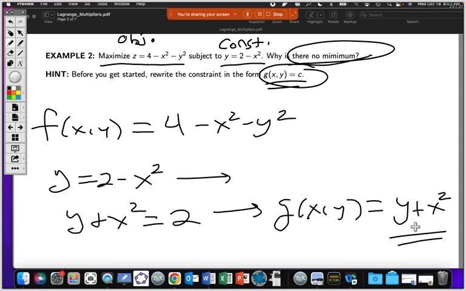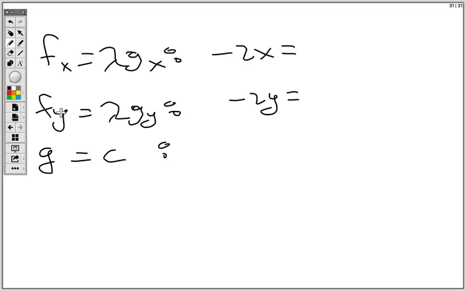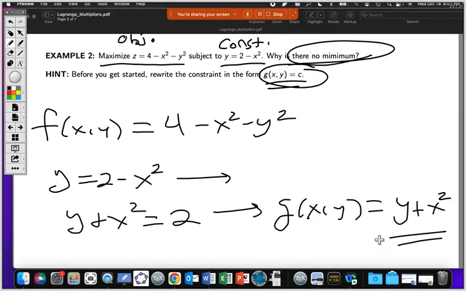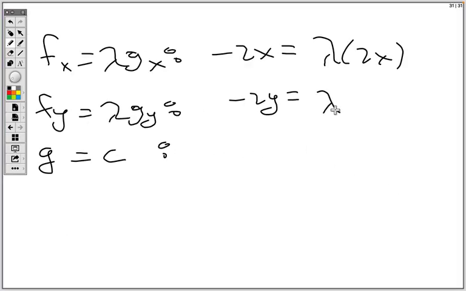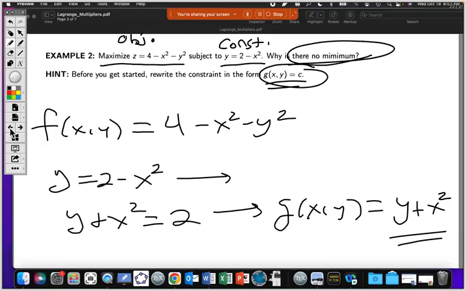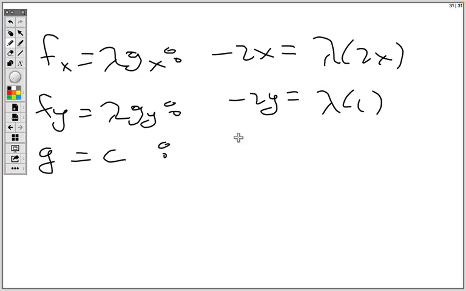So what's the partial of g with respect to x as we've written it here? 2x. And then what's the gy as we've written it here? 1. And then we got our constraint. Y plus x squared is 2.